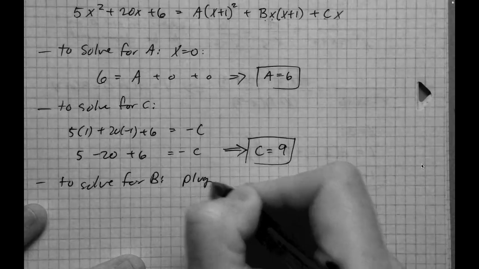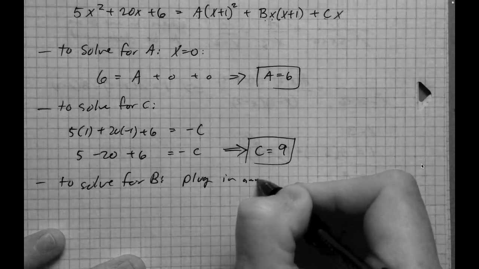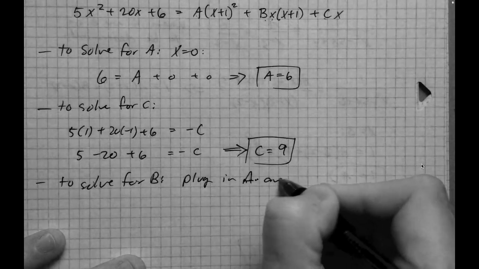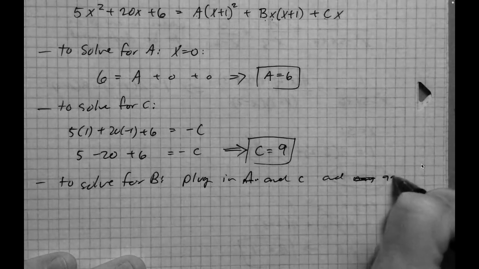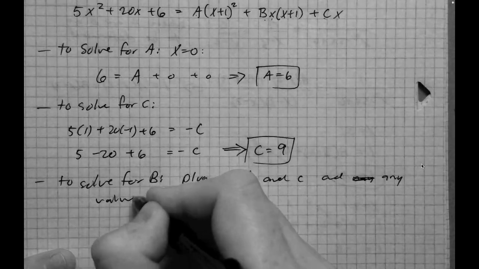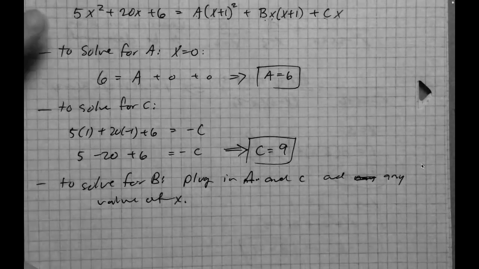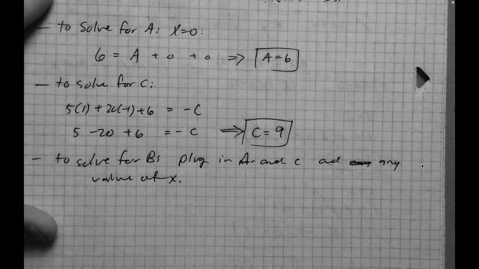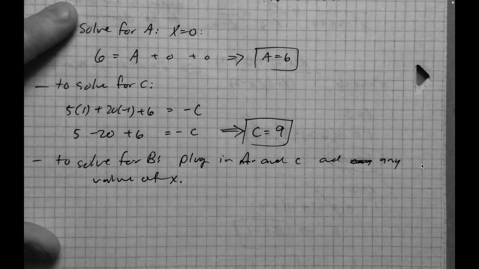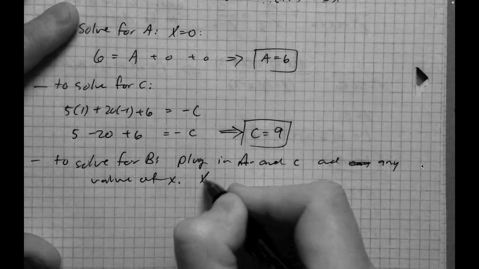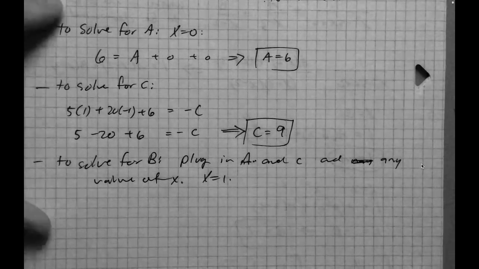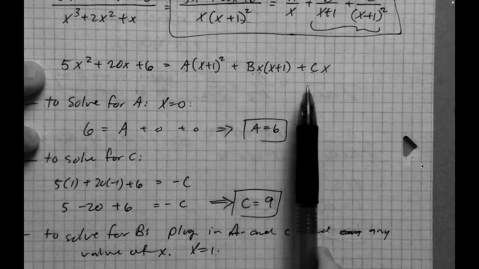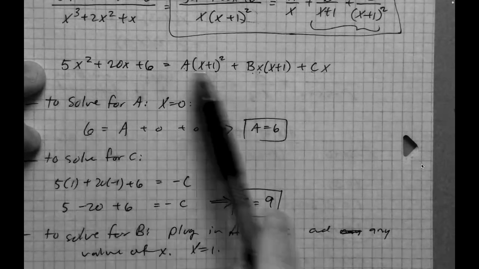So let's write that down. Plug in A and C, and any value of x. Okay. And so let's just use x equals 1. We can't use -1 and we can't use 0, those are the only two we can't use.